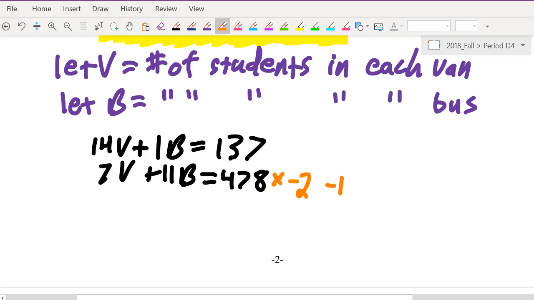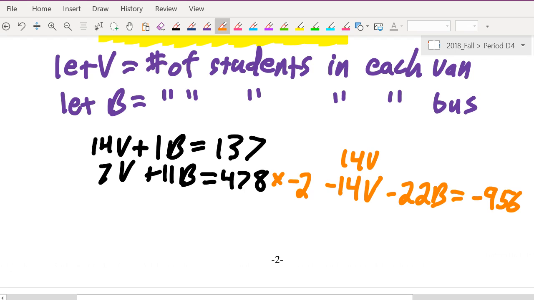And we get -14V minus 22B equals negative 956. Okay, alright, plus 14V plus 1B equals 137.